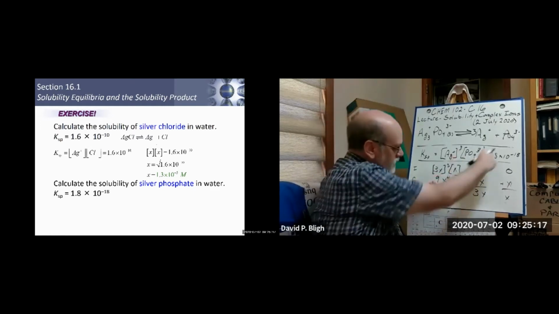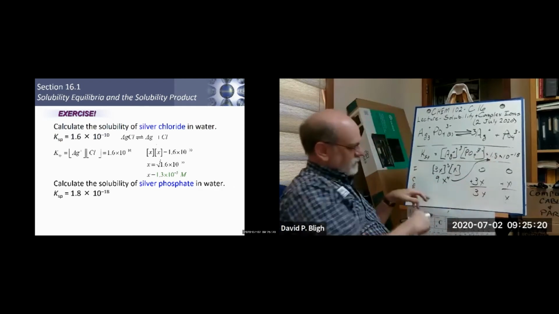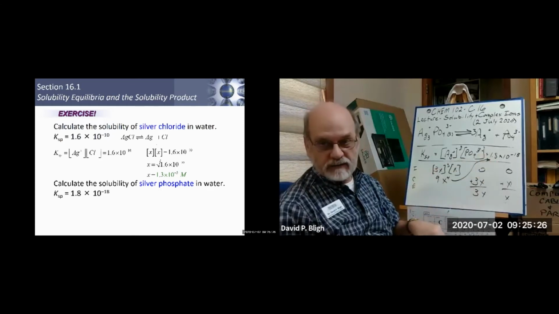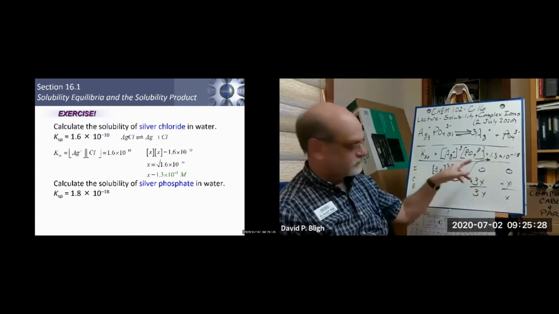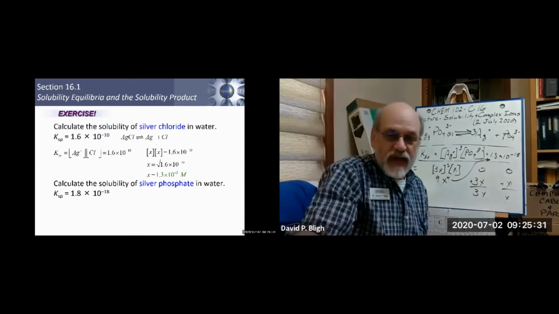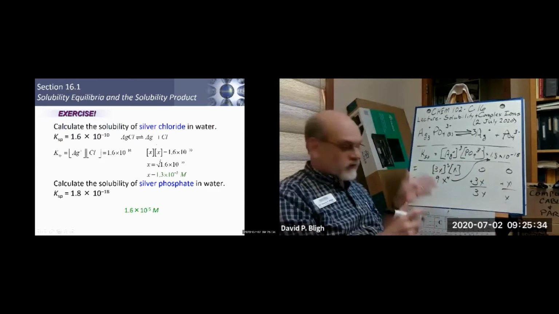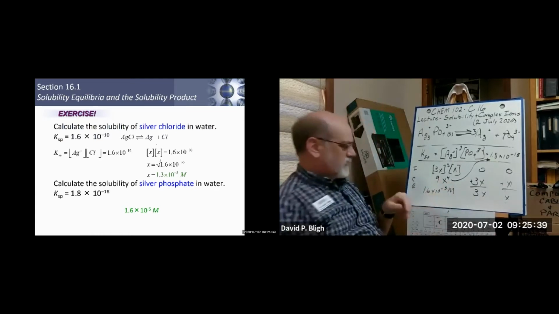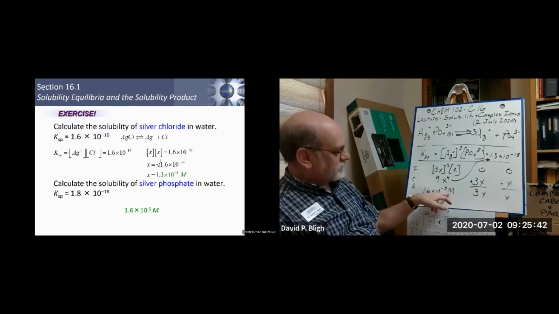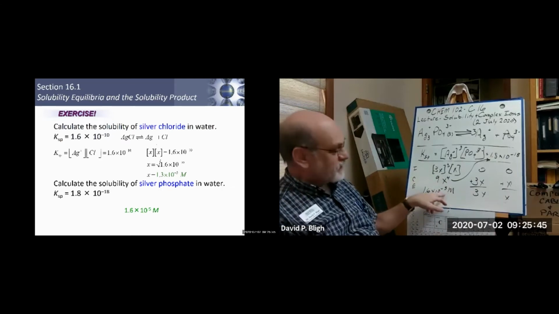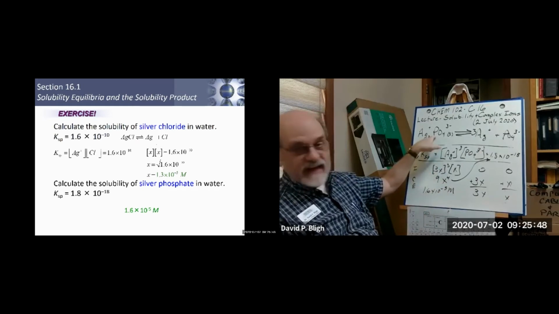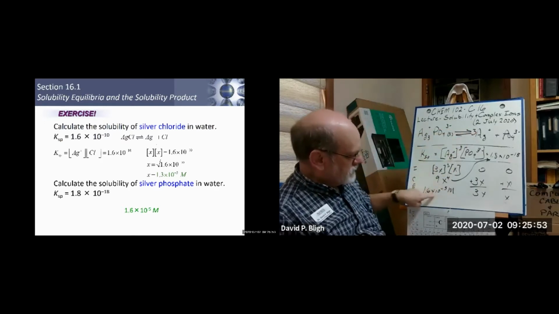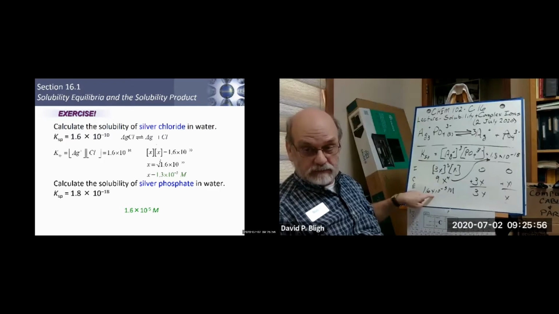So when you set that equal to this one, you divide 9 into that, and then you take the 4th root of that quotient. Okay, and when we do that, we should come up with that value. Now, what does that mean? That means that 1.6 times 10 to the minus fifth moles of that solid go into solution to produce that in a liter.